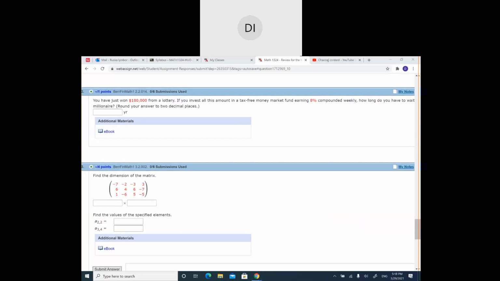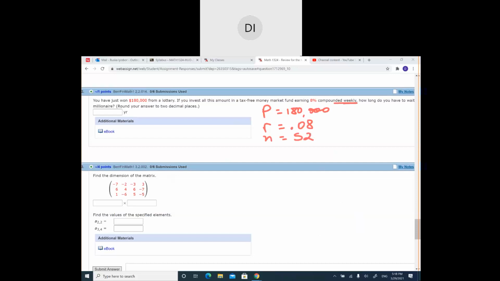And the compound interest formula, we have the principal. It's going to be 180,000. 8% rate, so that's the rate is 0.08. If it's compound weekly, n is going to be 52 weeks in a year.